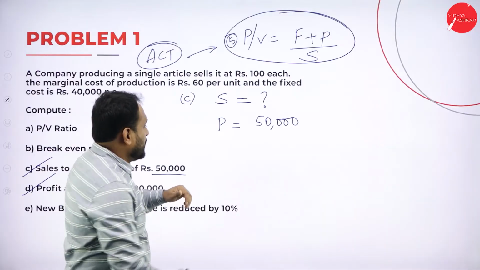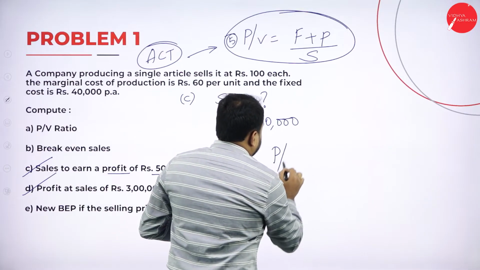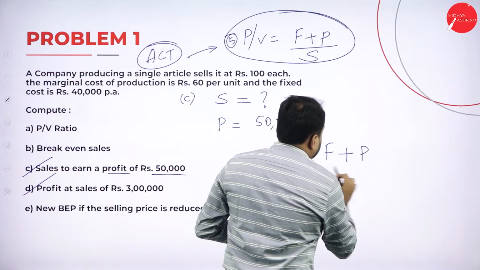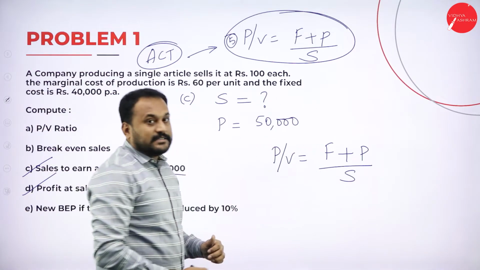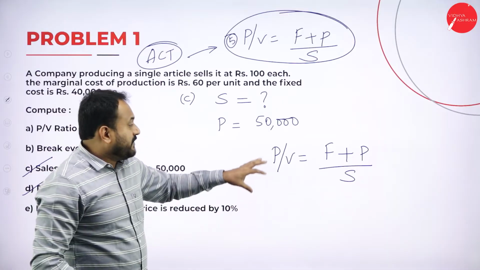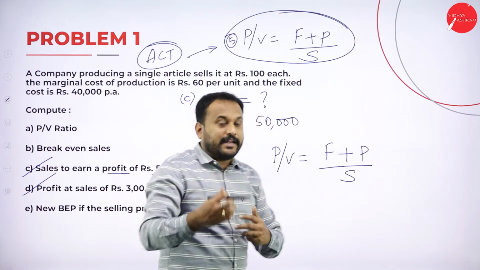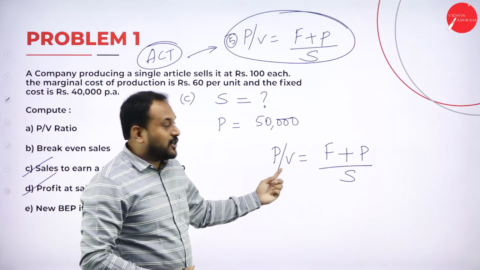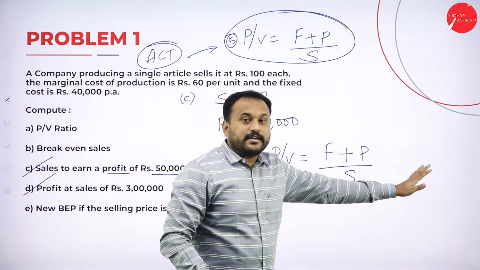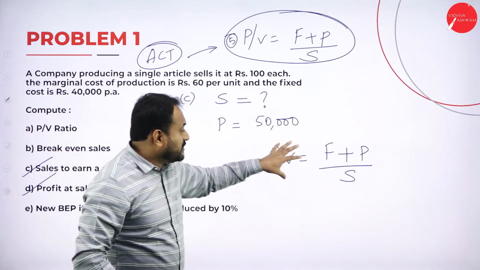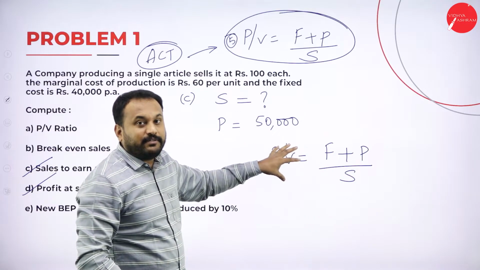The first one, I'll write here PV is equal to F plus P divided by S. Now understand, though we know that the PV ratio formula is this into 100, we have already calculated the PV ratio. That's why we are not writing into 100. If we were supposed to find PV, then we would go with 100, but PV is already found, isn't it?